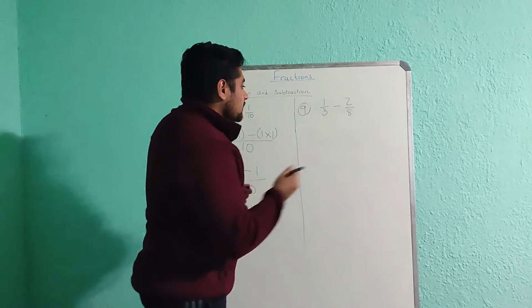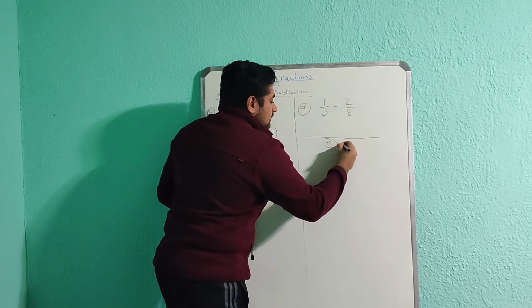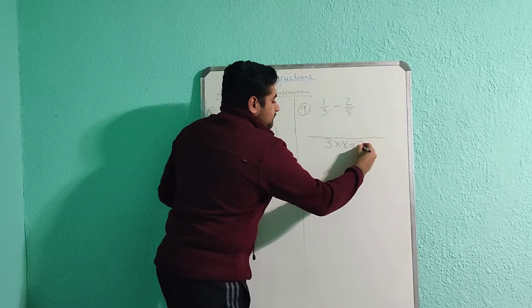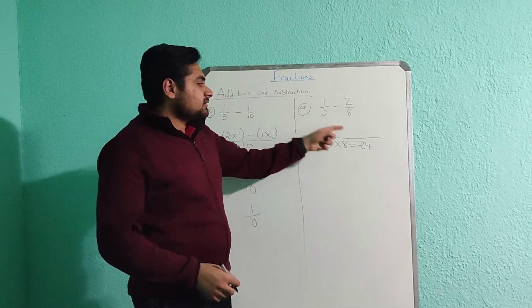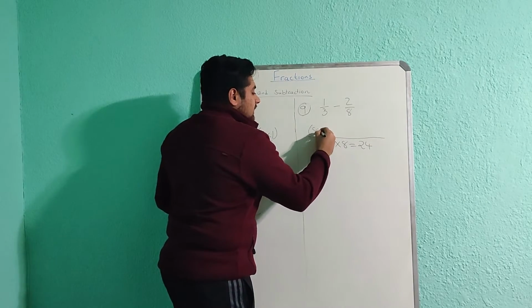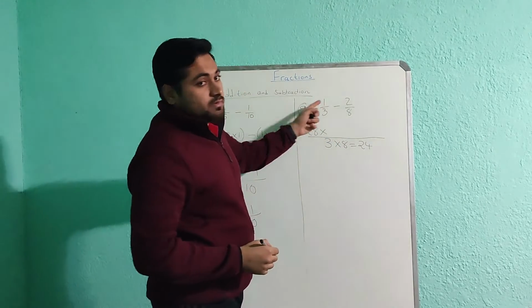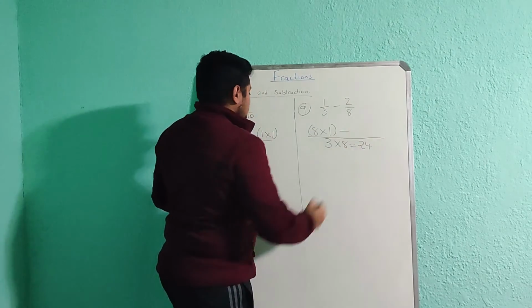So what do we do? We simply multiply the denominators. So we say 3 times 8, which is 24. Now we ask ourselves, how many times does 3 go into 24? 8 times, right? So 8 times the numerator of the first fraction, 1, and the sign is minus.